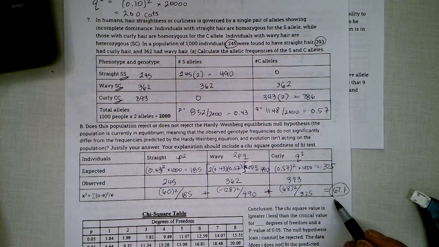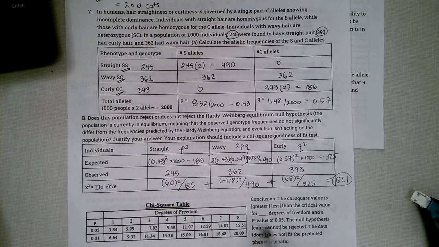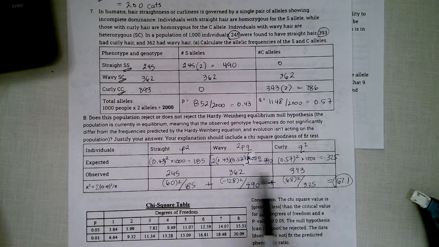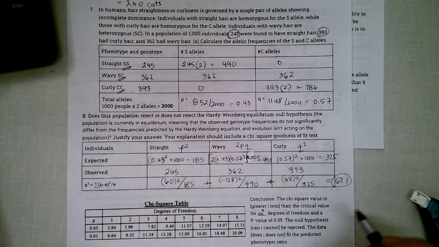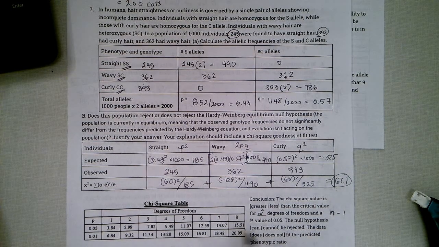That is our chi-squared. So here, the chi-square value, is it greater or less than, oh well, first it's out of 2 degrees of freedom because there's 3 different categories, and for the degrees of freedom it is the number of categories minus 1, so there's 2 degrees.